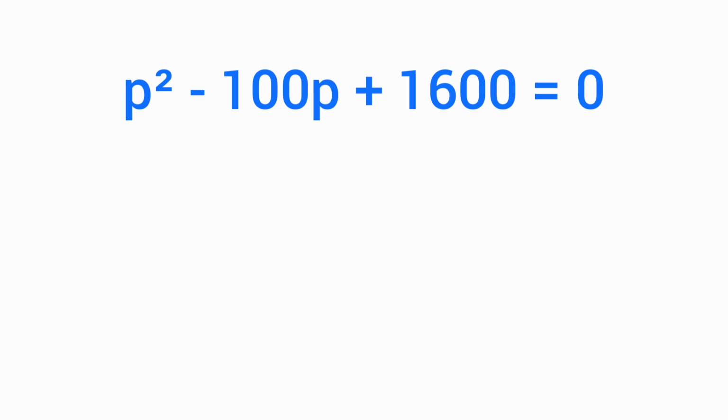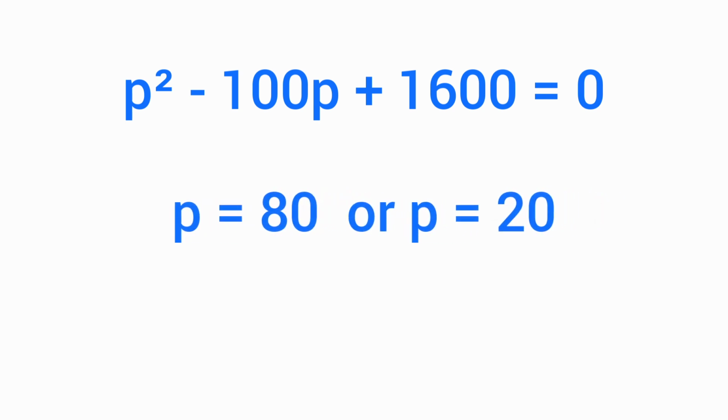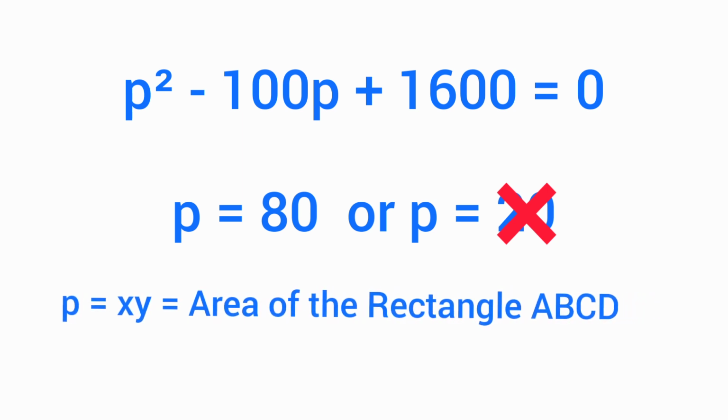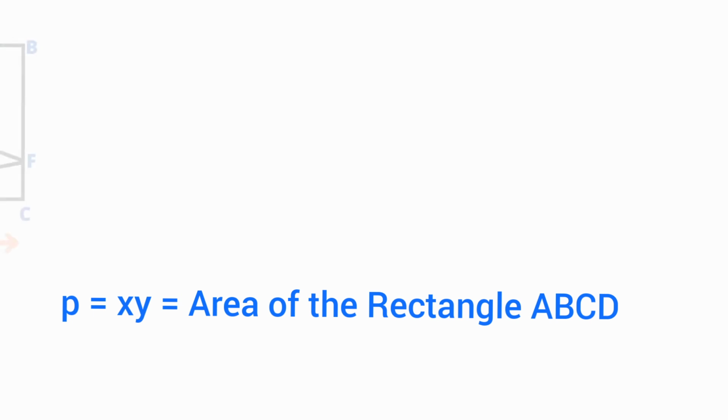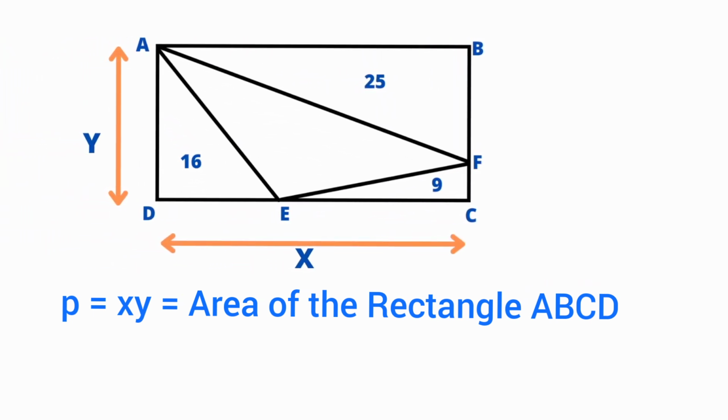By solving that quadratic equation, we get the values of P as 80 and 20, in which we must ignore the value 20, because P is equal to XY and XY is equal to area of the rectangle ABCD, and it must not be less than any of its interior triangles' area.